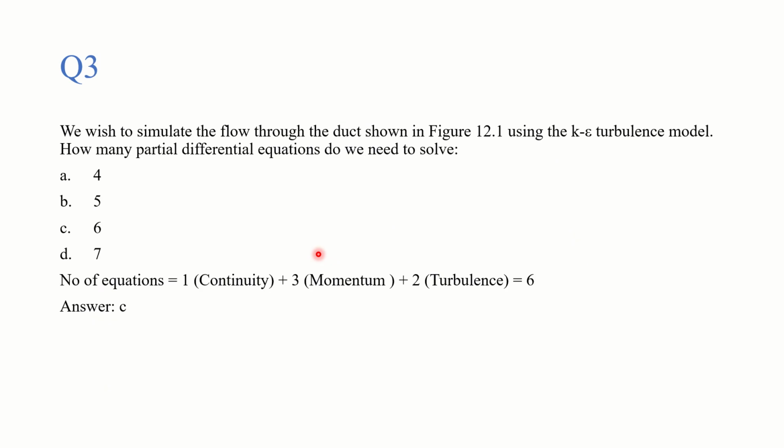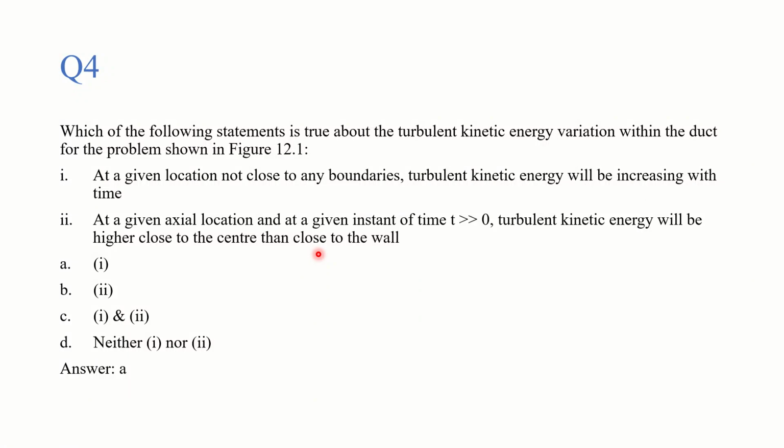It is a 3 dimensional problem, so it is 6. At a location, turbulence would be greater near the walls than near the center, because the fluctuations will be more on coming in contact with the walls.